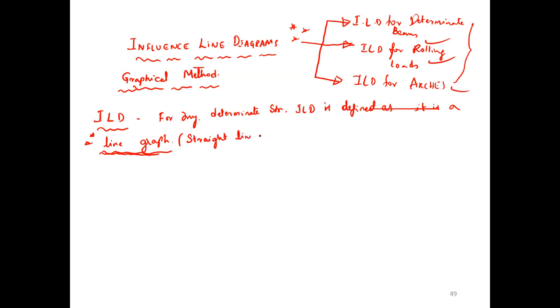What is meant by straight line? It is linear, straight line only. What is meant by ordinate? Which axis? You have two: one is ordinate, one is abscissa. Which one is ordinate and which is abscissa?